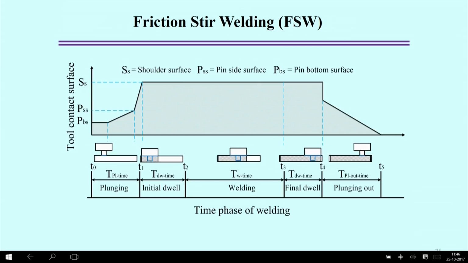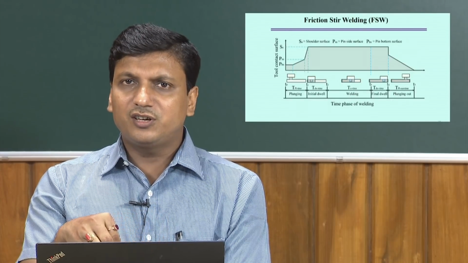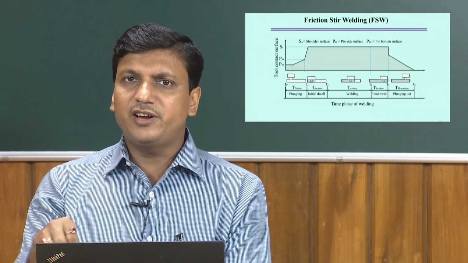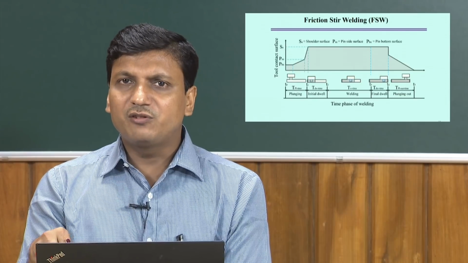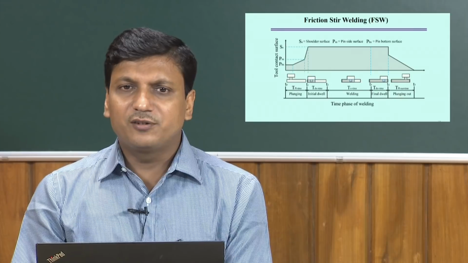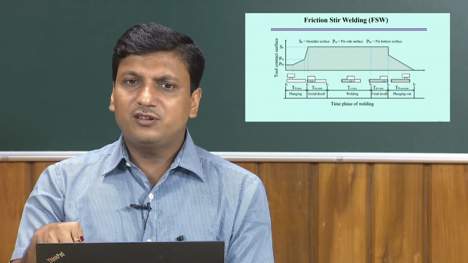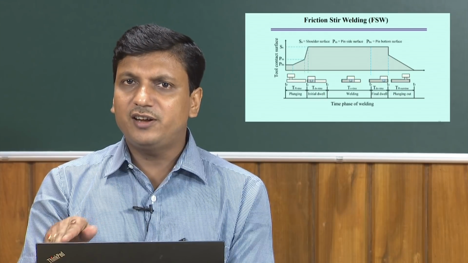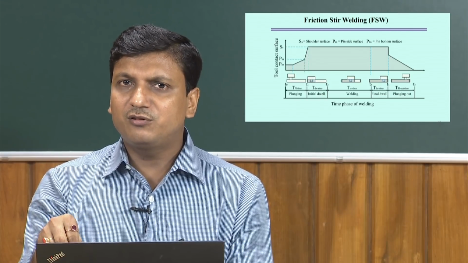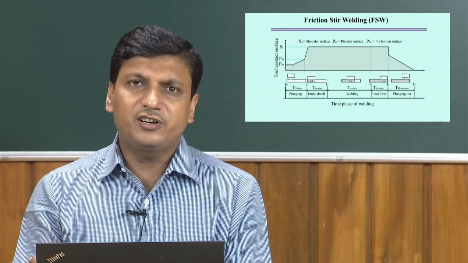Then, once it reaches almost the end of the workpiece surface, we can assume that the welding phase or welding period is completed. After that, we keep the tool for the final dwell, that means at the end position at a fixed location on the workpiece for a certain time.